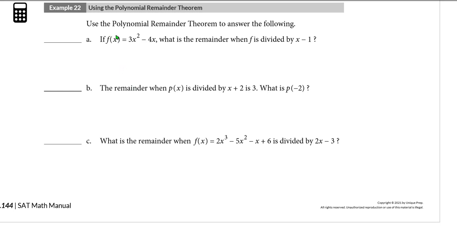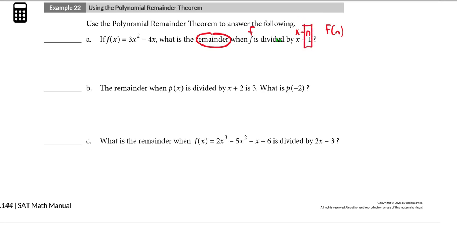So 22a, we get f of x, this quadratic function. What is the remainder when f is divided by x minus 1? This is a pretty basic example. Remember, if we want to know the remainder when f is divided by x minus n, we just do f of n. In this case, n is clearly 1, since they're in the same position, x minus n, x minus 1.